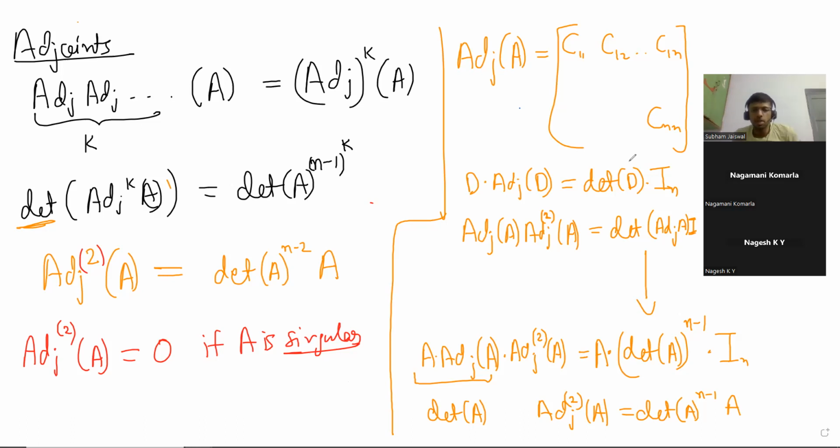Can this be done only with properties? Which one, sir? This adjoint squared is equal to 0 if A is singular. Okay.